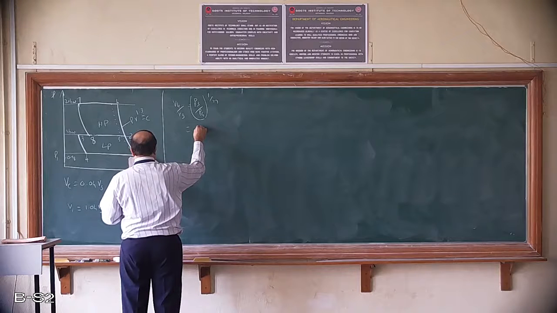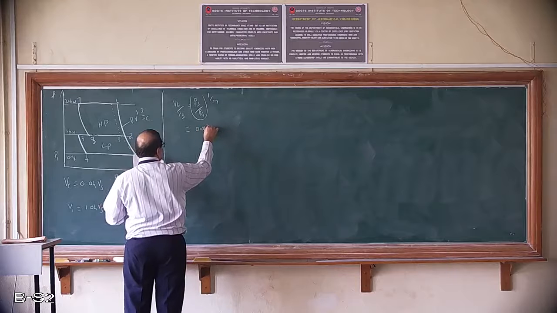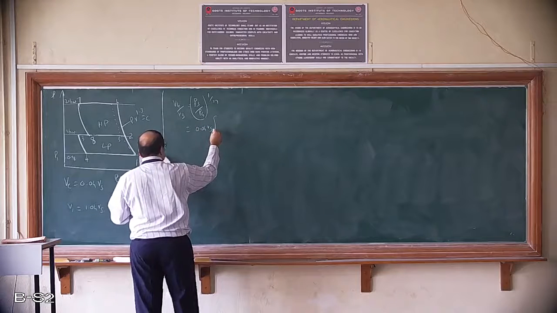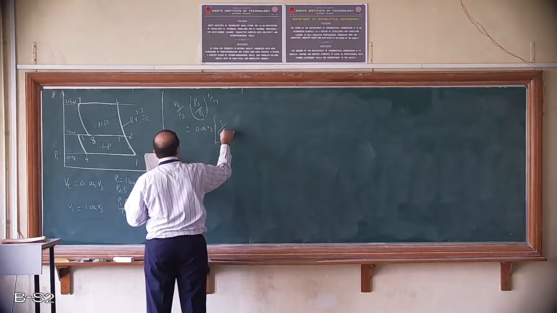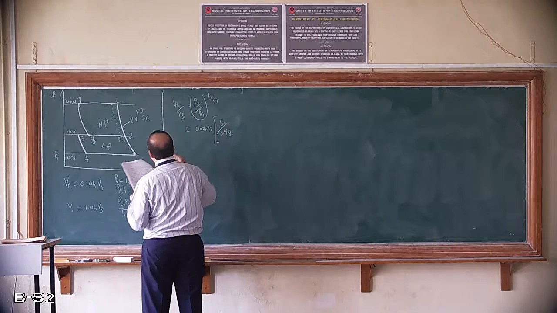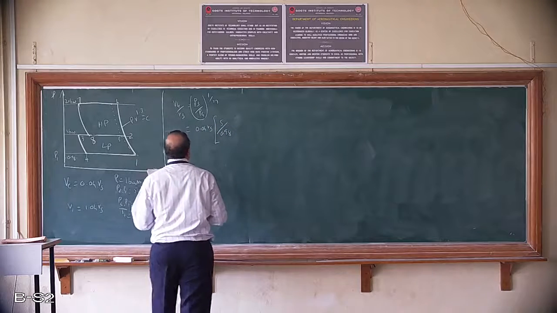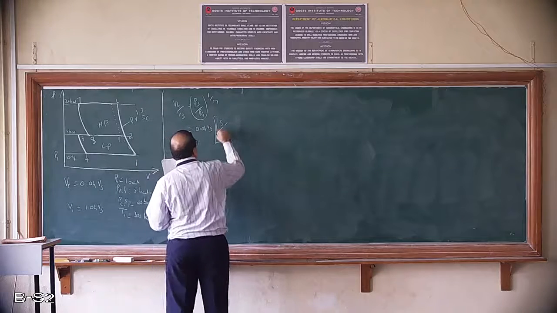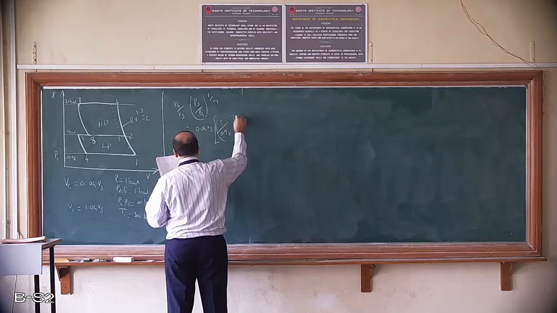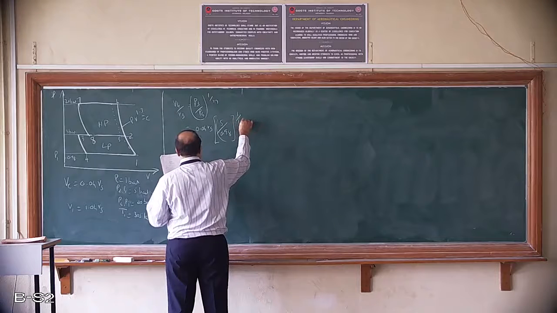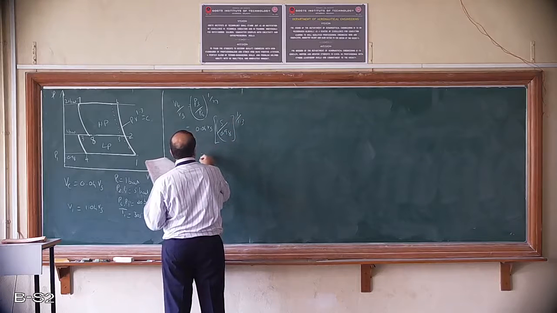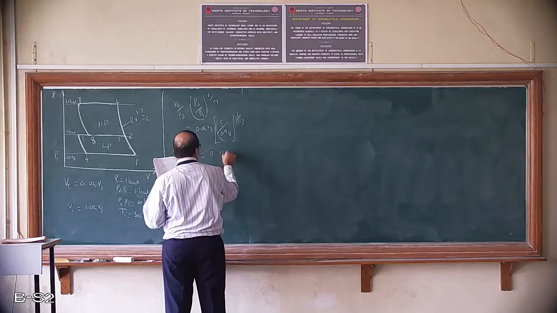That's given as 0.04 Vs, multiplied by 5 over 0.98, P3 is 5 and P4 is P1, 0.98, to the power of 1 by 1.3. So you get this as 0.14 Vs.